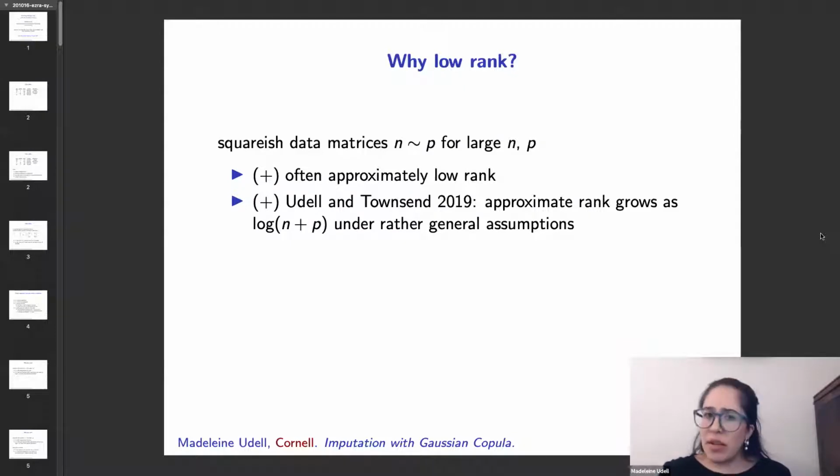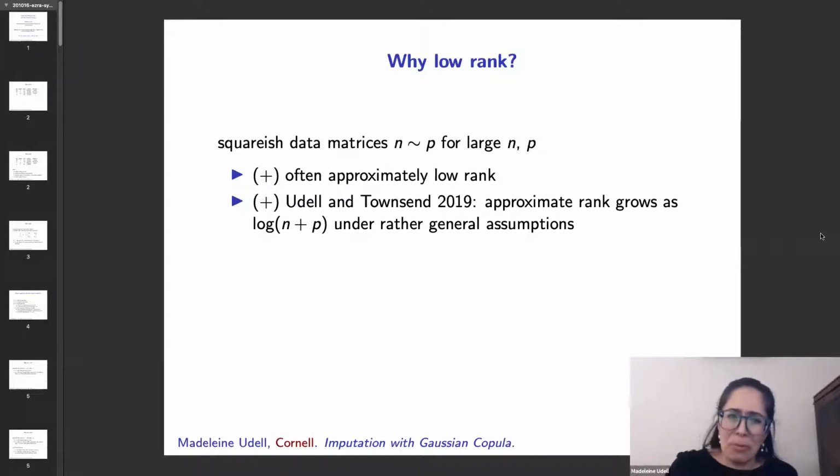So for large data matrices that are kind of squarish, meaning the number of rows is similar to the number of columns, you can show that they're often approximately low rank. You can see this empirically, and with Alex Townsend, we have a recent result showing that the approximate rank of such a matrix, under very general conditions, so some probabilistic model for generating the matrix entries, but essentially the only assumption is some kind of analyticity, grows as the log of the number of rows plus the number of columns.